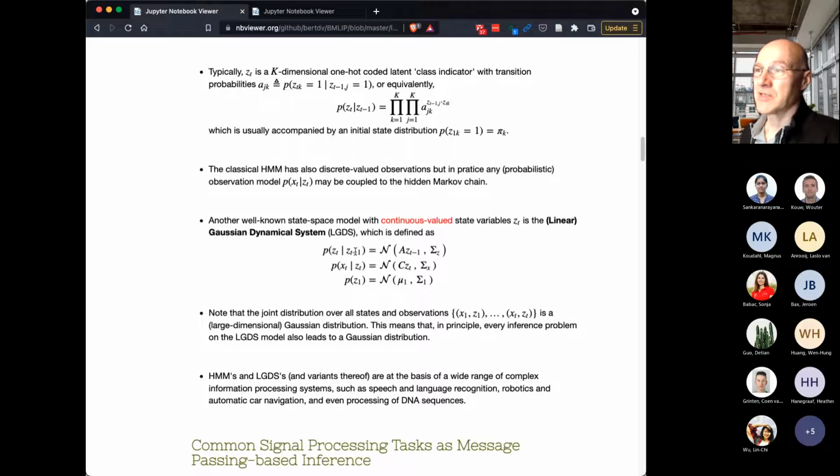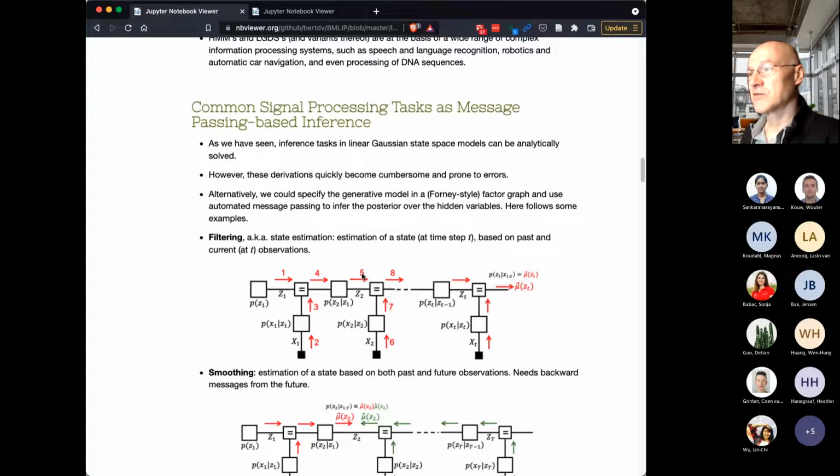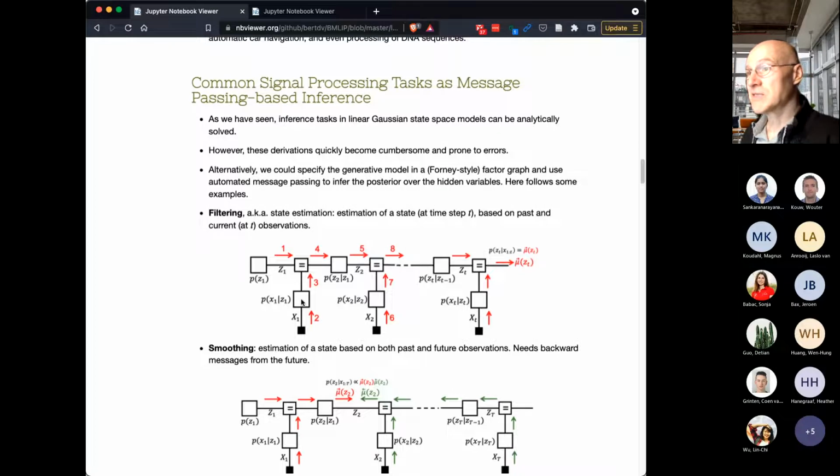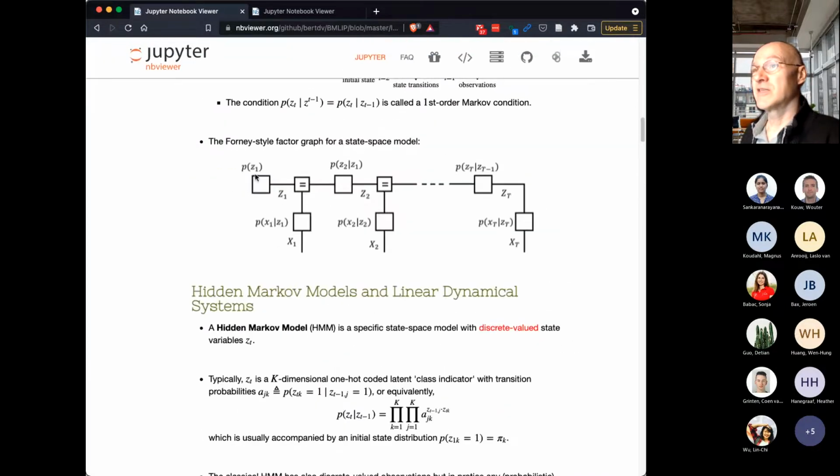We say, well, given Z1, what's the probability distribution for Z2? And with that, we can compute the probability distribution for x2 and so forth. You can also see it in this vector graph. Basically, the generative model is here.